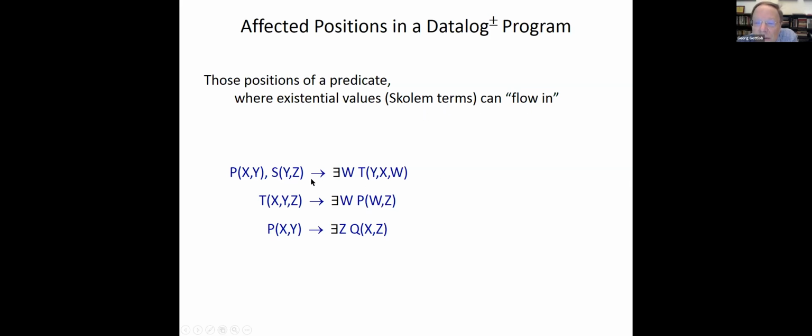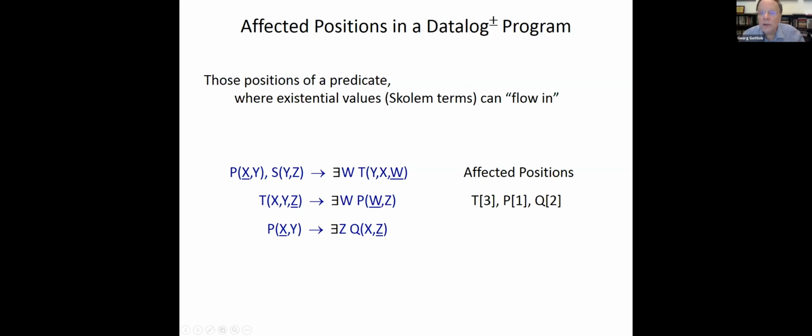So here you see, obviously, the W comes in, so this third position will be affected. This first position will also be affected, and this second position will be affected. So these positions are affected, but they are not only affected here in the head, they are affected everywhere. Where this T occurs, this third position is affected. That's clear. The third position of a predicate T is affected.